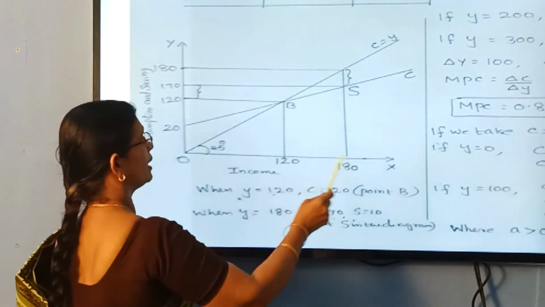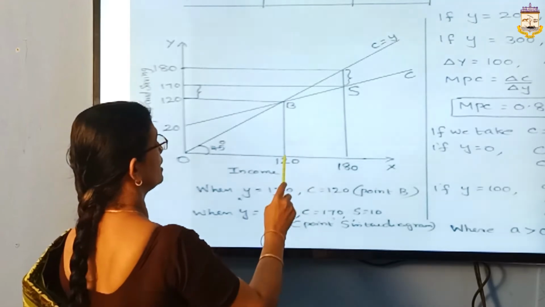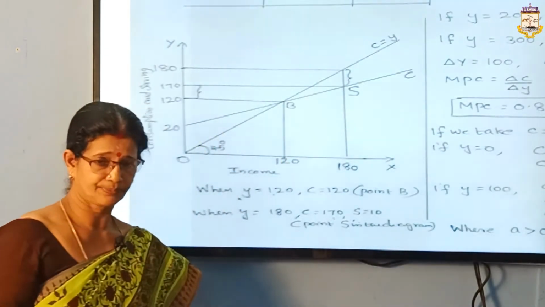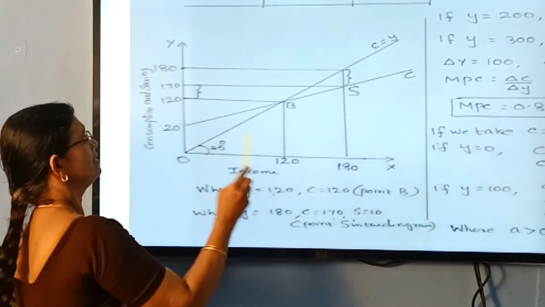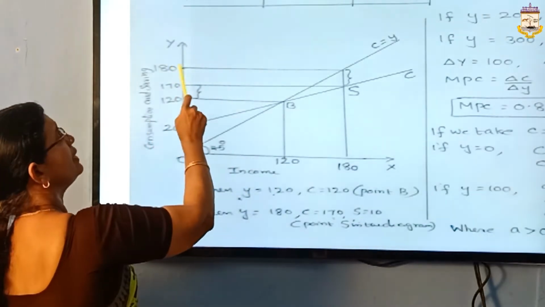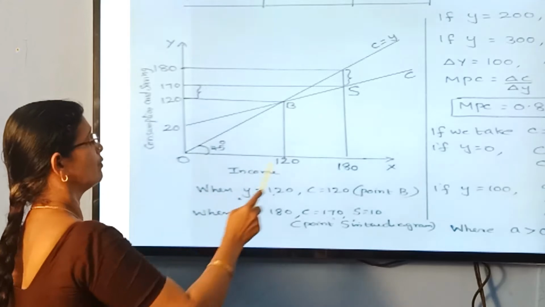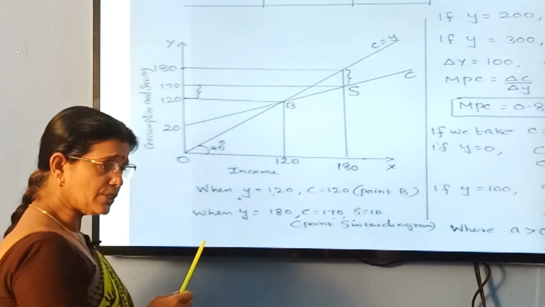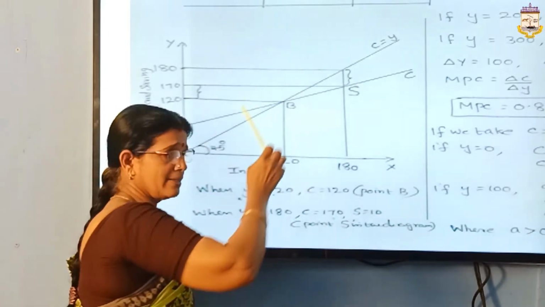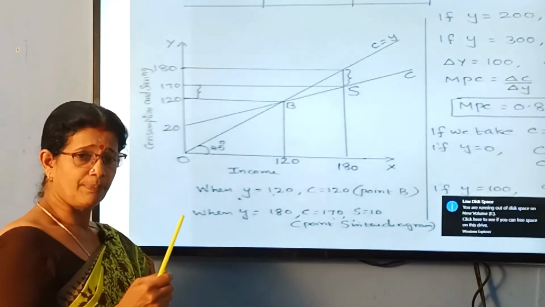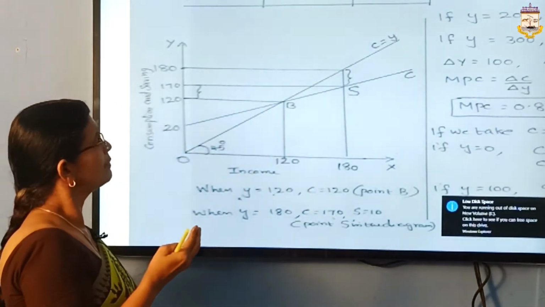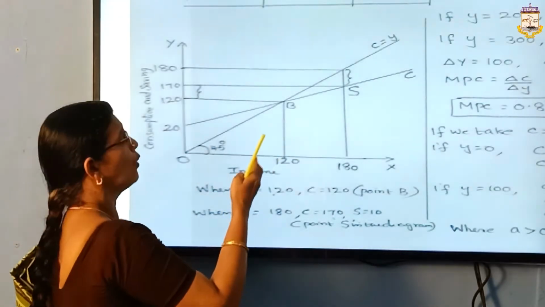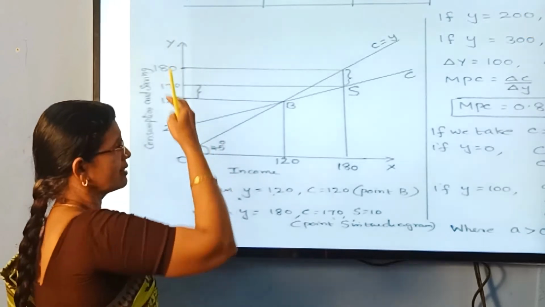Then another equality: when income increases from 120 to 180, consumption is also 180. This line is based on the assumption that the income people earn by work, they fully spend on consumption.